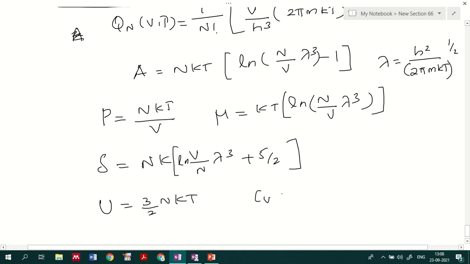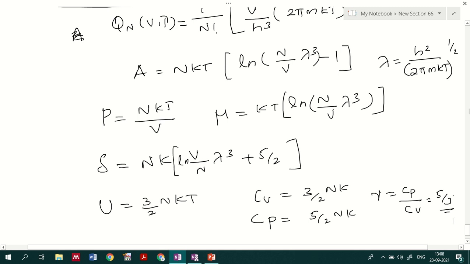Then the specific heat capacity at constant volume is 3 by 2 nk, and the specific heat capacity at constant pressure is 5 by 2 nk, and gamma, that is Cp by Cv, we identified as 5 by 3 for a classical ideal gas.